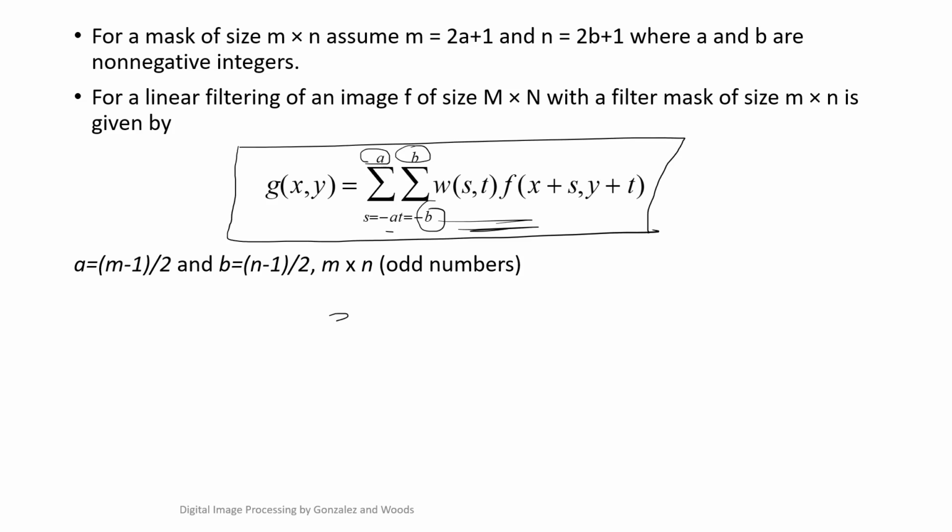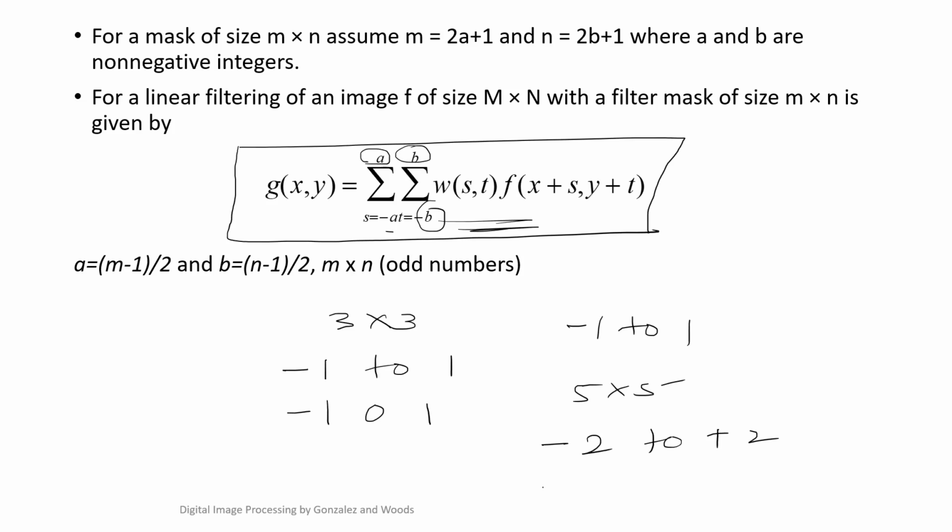If I have 3 cross 3, s will vary from -1 to 1, that is -1, 0, 1, and t will also vary from -1 to 1. If it is 5 cross 5, it will vary from -2 to +2, so it will be -2, -1, 0, then 1 and 2, and so on.